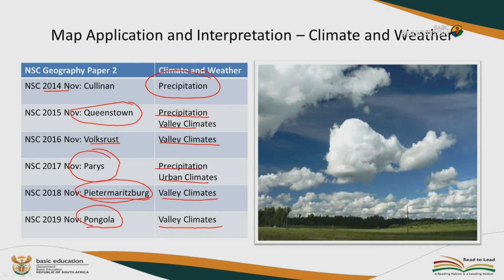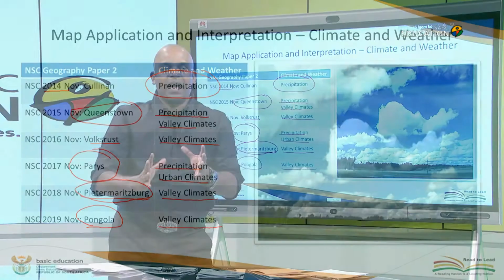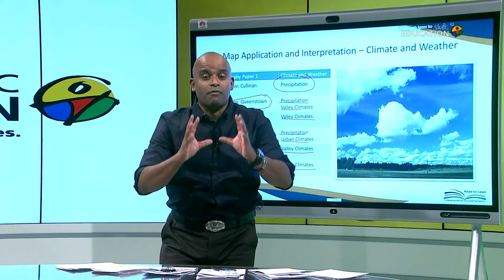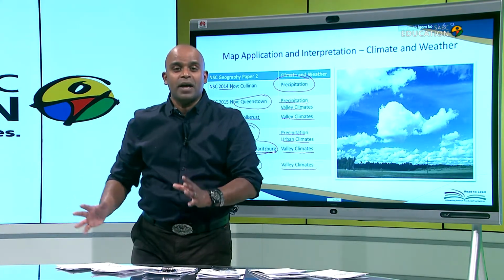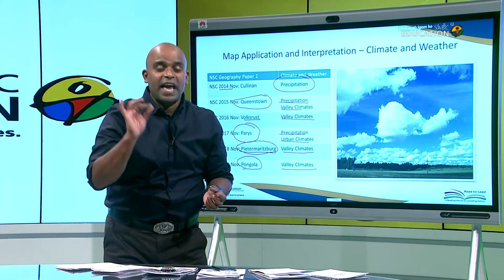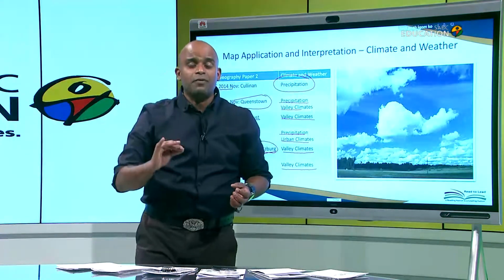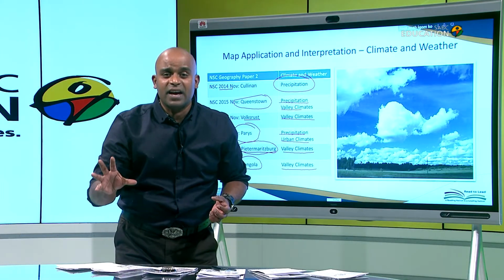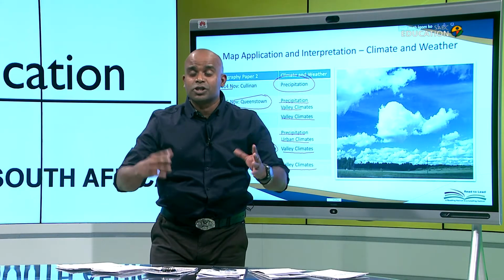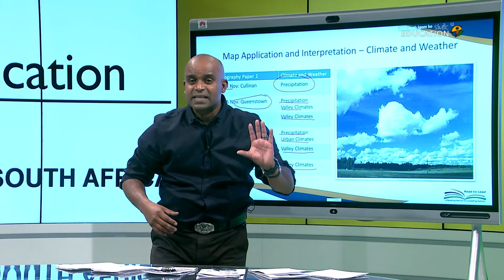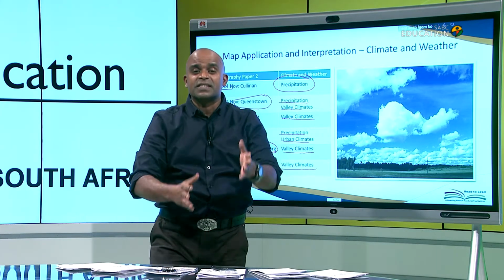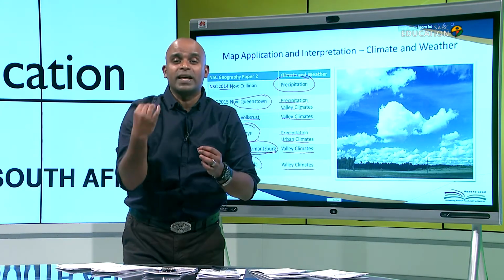So clearly, when it comes to the understanding of climate and weather and the emphasis of where this is examined on a map, the crucial aspects of any map are to be able to examine the type of rainfall experienced in that area, as well as applications of microclimates with particular emphasis on valley climates as well as urban climates.